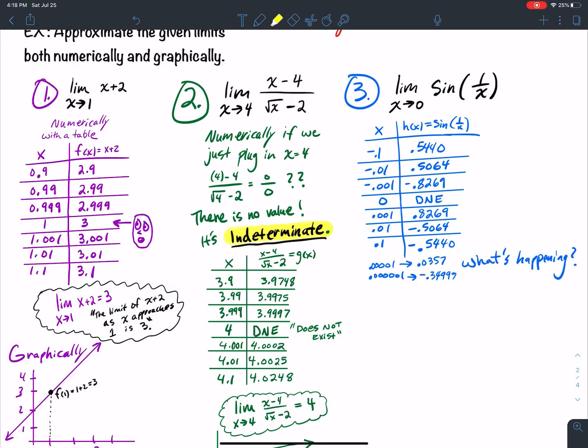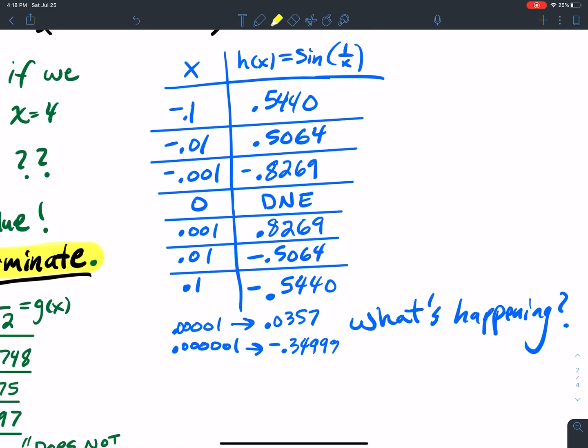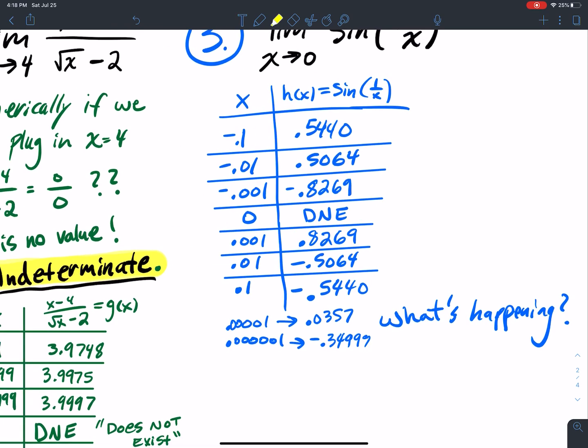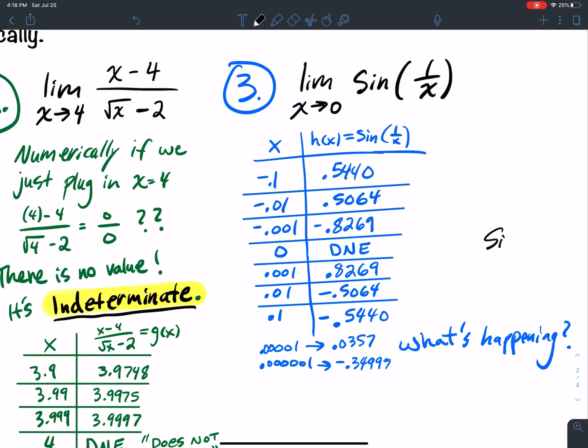Okay? So if I get really, really close on the positive side, what's happening? It looks like it's getting really close to 0, but then the next order of magnitude down, it actually ends up turning negative 0.34. It's not honing in on anything. Guys, you need to remember from your pre-calculus that the sine function spits out values that are only between 1 and negative 1, okay?